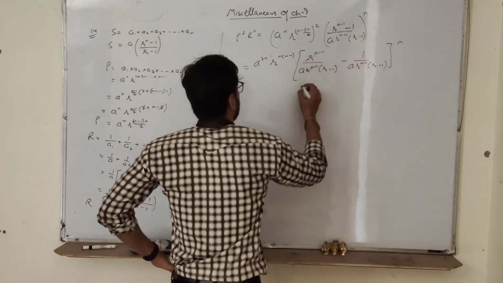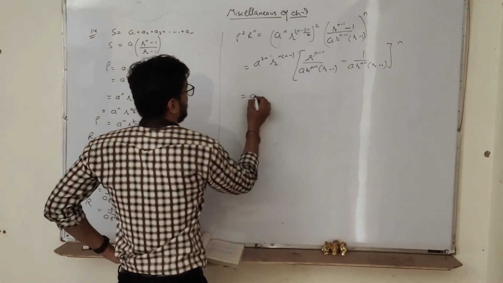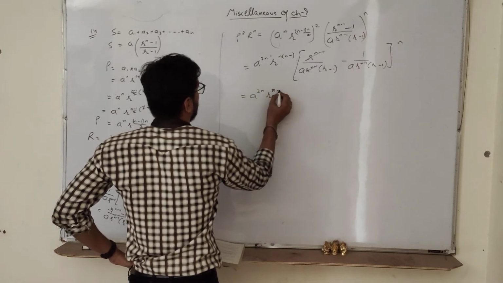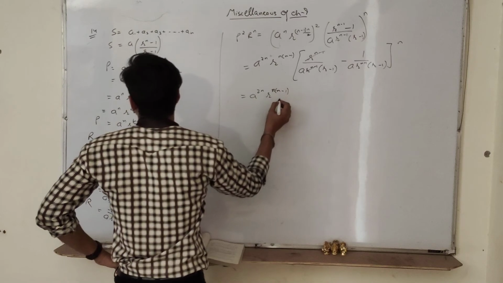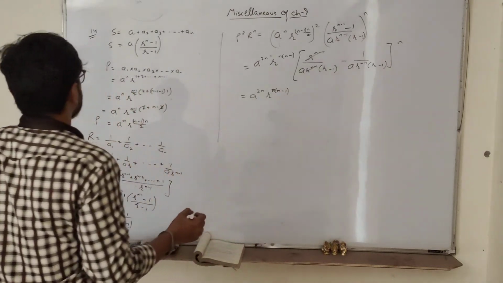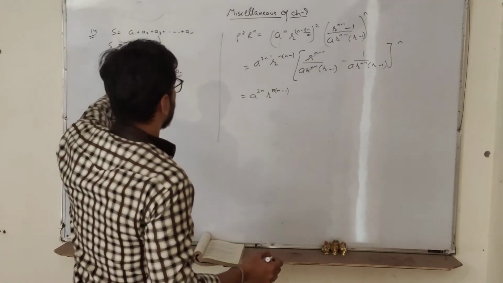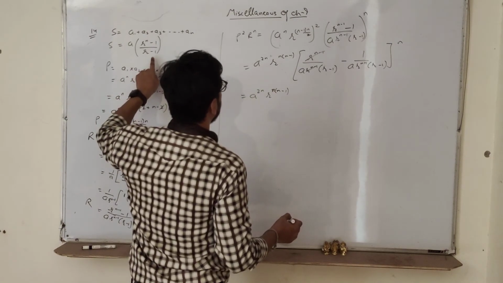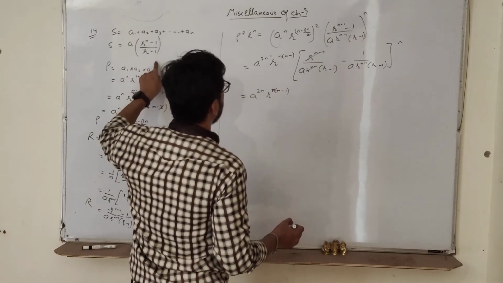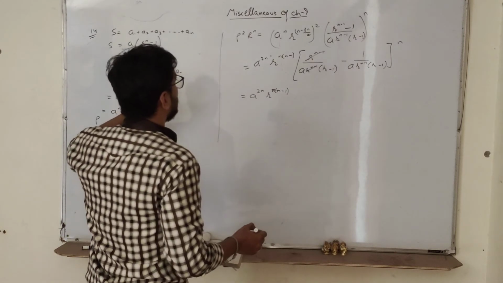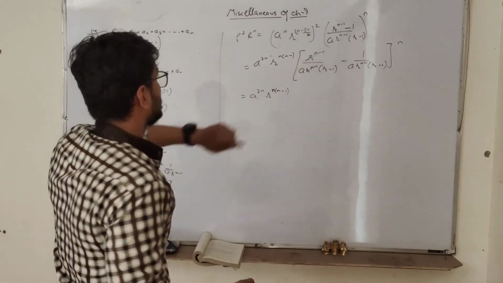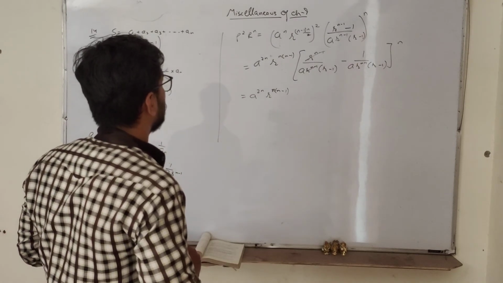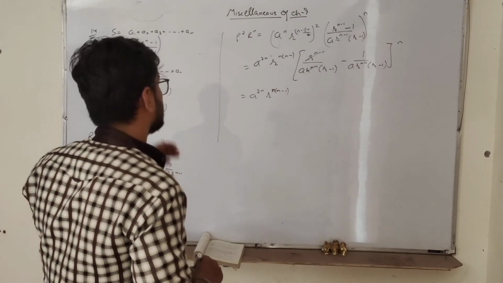This from this gets cancelled, so A 2n R raised to power n minus 1, right. Anyhow we want this term, right. So A 2n, and from here we have A raised to the power n, R raised to the power n, n minus 1, R minus 1 raised to the power.